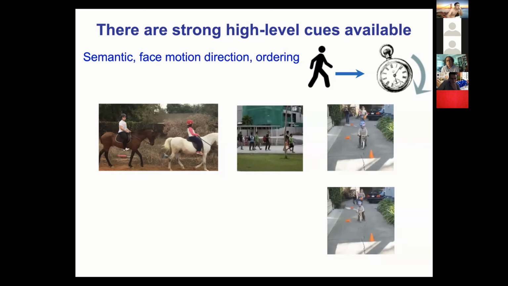So the game is, let's input these short sequences and train a system to tell us whether it's going forward or backwards. And how is that going to benefit us? Well, if it really is a high-level thing, it will force the system to learn these high-level effects. And maybe that will help us develop activity recognition.